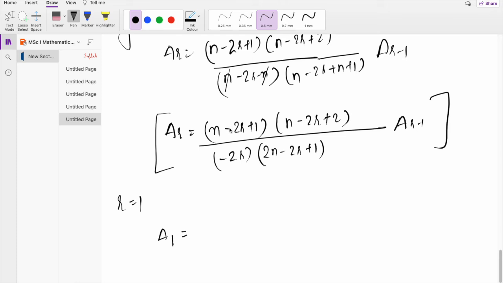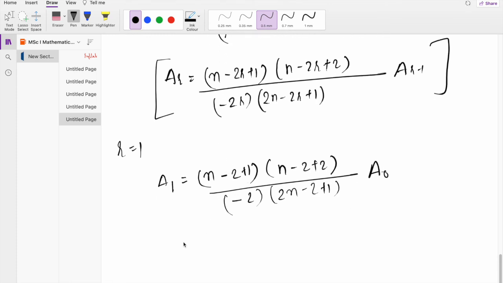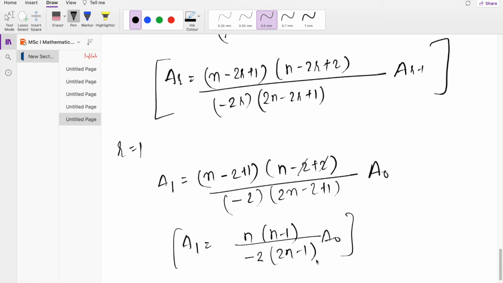The first term will be n minus 2 plus 1, n minus 2 plus 2, whole upon minus 2, 2n minus 2 plus 1, this is a0. 1 minus 1 is 0. So a1 will become, this cancels out, this becomes n minus 1, minus of 2 of 2n minus 1 into a0. So we have calculated a1 in terms of a0.